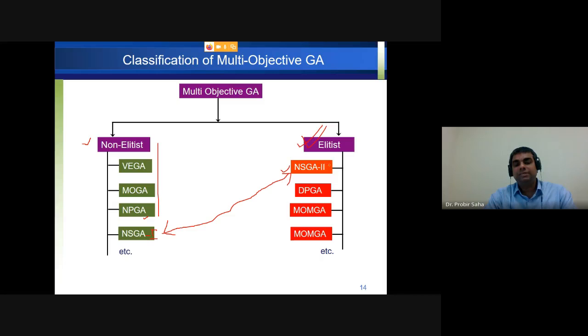But they still kept the name NSGA-2, just to show the world that NSGA-1 had motivated them to develop it. NSGA-2 was also developed by Professor Deb and his students in the KanGAL lab of IIT Kanpur. Then there are the distance Pareto genetic algorithm, the multi-objective messy genetic algorithm, the multi-objective micro-genetic algorithm, and so on.